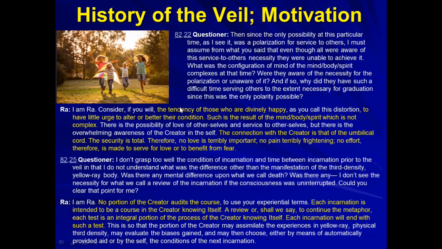So here we're having an explanation of the fabled story of the Garden of Eden. This is how it was before the introduction of knowledge of good and evil, which is what happened with the veil. And there's a reference to that later on. So it's interesting how he frames that. That's why they weren't motivated, and that's why a lot of the people stalled for long periods of time in third density.